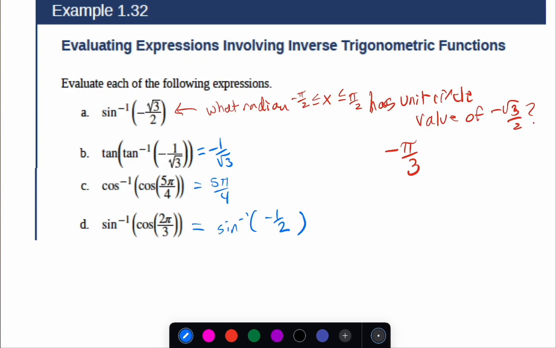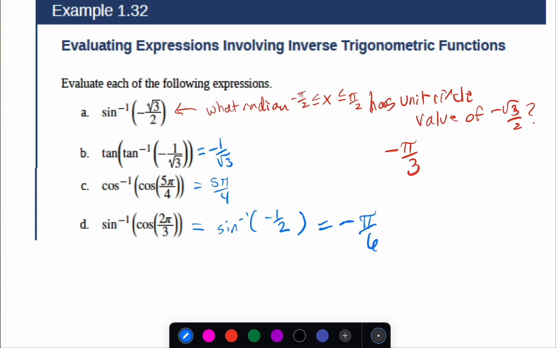And now just go backwards. Where between negative pi over 2 and positive pi over 2 is the sine -1/2? Well, it's going to be negative. That's what's great about the sine. If the inside is negative, then your answer is negative. And where is the sine 1/2? That's going to be at 30 degrees, pi over 6.